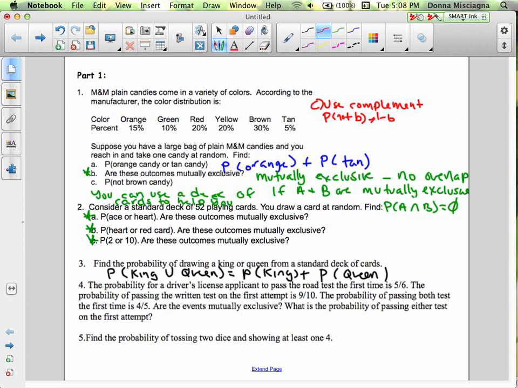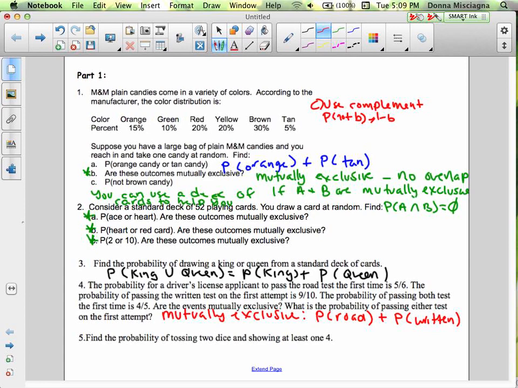If you say yes, they are mutually exclusive, then the probability of passing either test is the probability of the road plus the probability of the written.